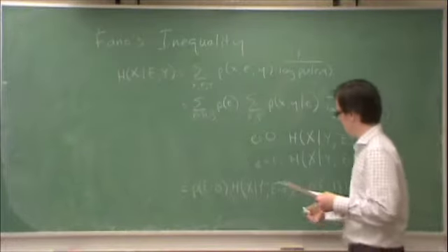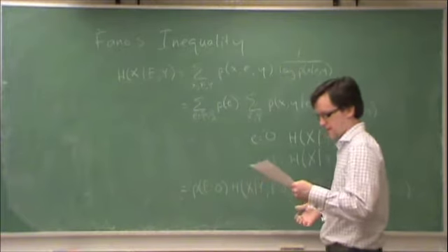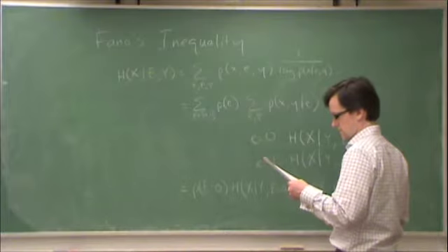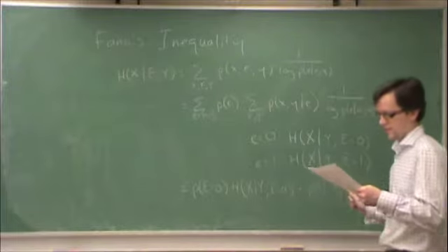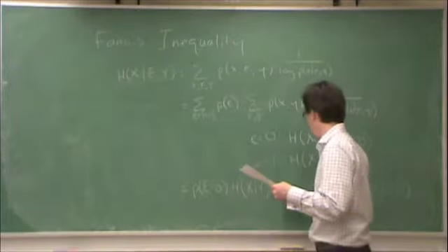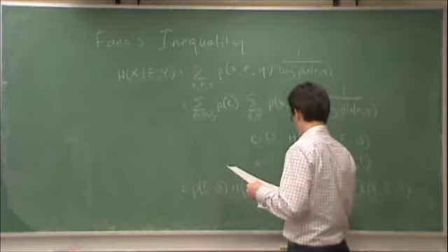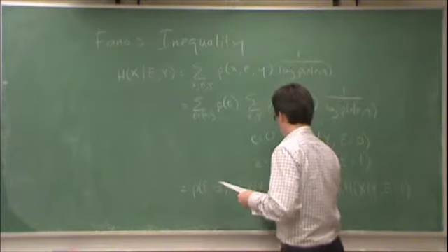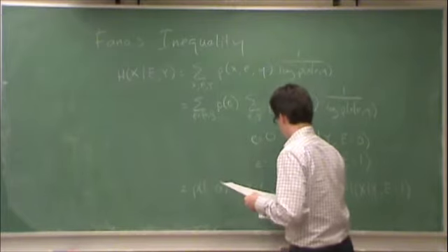Okay, if E equals 0, we know that no error has occurred. So therefore, if this is true, we know that x equals x hat. Furthermore, because we know y, we know x hat, which is g of y.